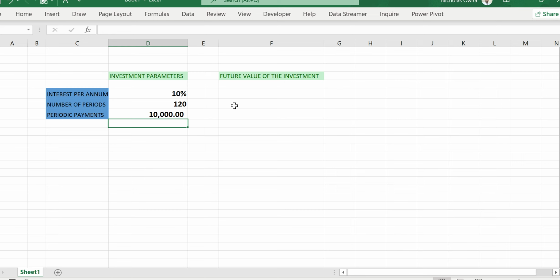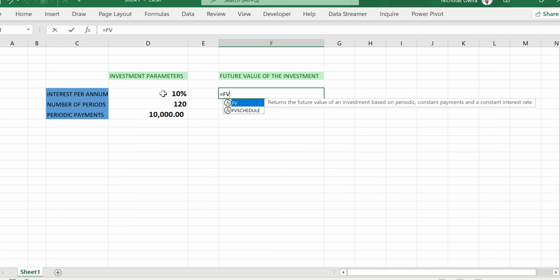To get the future value of an annuity, we have a very simple formula on Excel, and this formula is what we call the FV. Once you have your parameters like this, type an equal sign into any Excel cell, then just type FV.